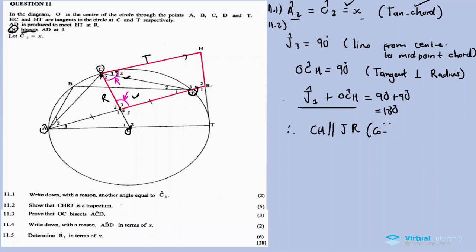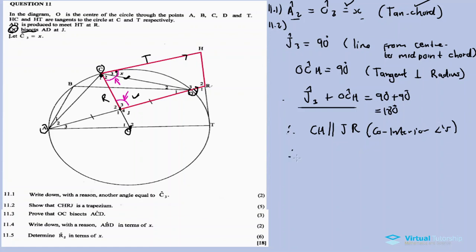Now lama angles lawa ama co-interior angles because of our parallel sides.